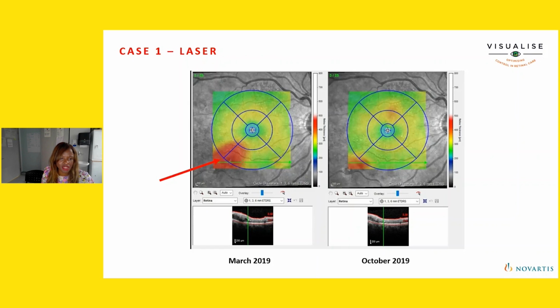And we like this color to be more yellow and green, which means the thickness of the retina is around 250, maybe 300 microns. The redness that you're seeing is denoting thickness, and so fluid leakage in that area. You can see it doesn't affect the center. So I applied some laser there, and let's see, 6 months on, you can see that redness is significantly less now, and far from the fovea, no longer threatening to go that way. So that's a great result.